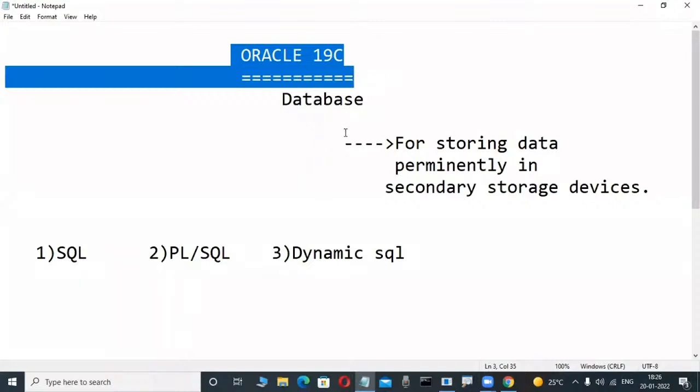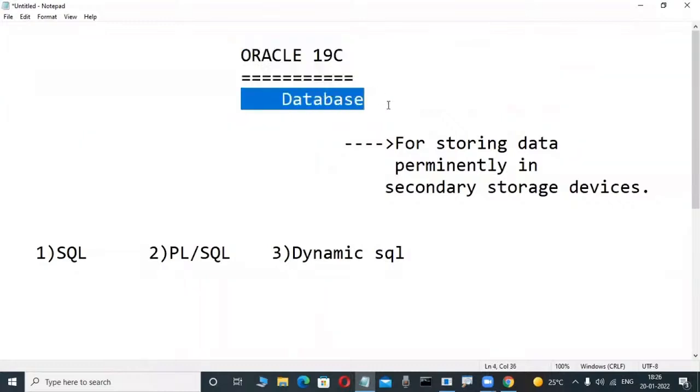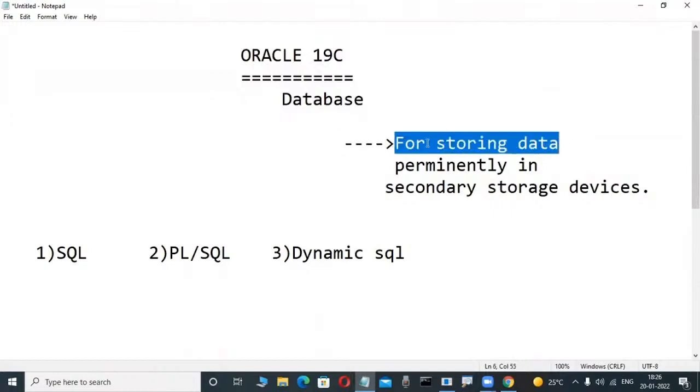Check it out, observe it here. Unfortunately, so many people think that database means nothing is there, that some Java, .NET, or Python application front end is there, and the data we enter is just for storing purposes. They think, especially newcomers, that in the backend they are only storing data.